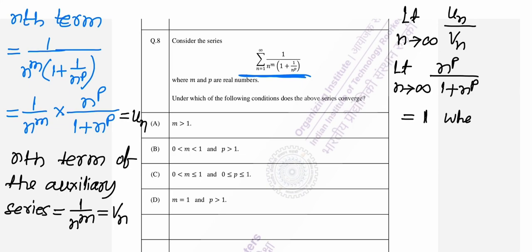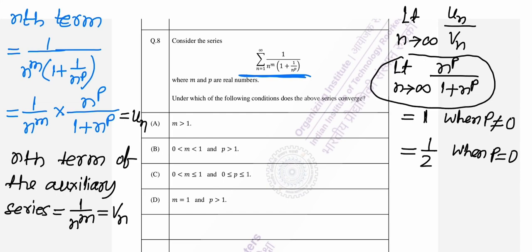when p is not equal to 0, and will be 1 by 2 when p equals 0. So we have the value of this limit.